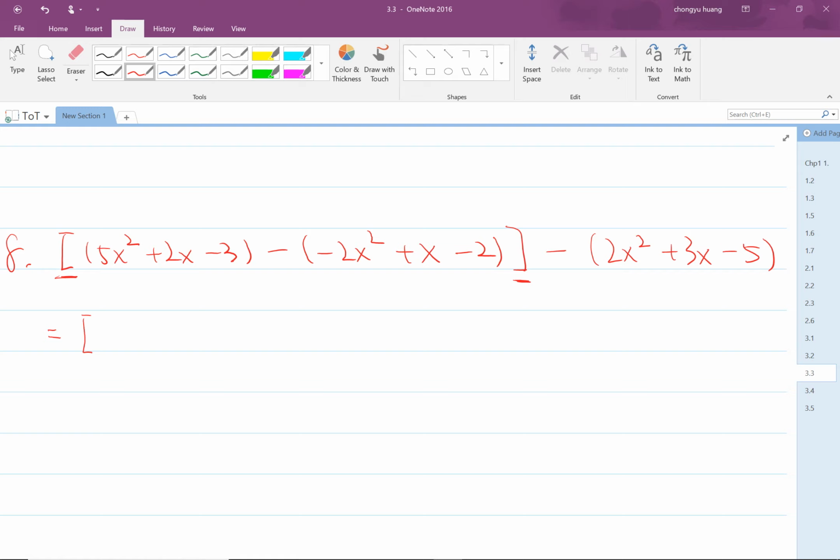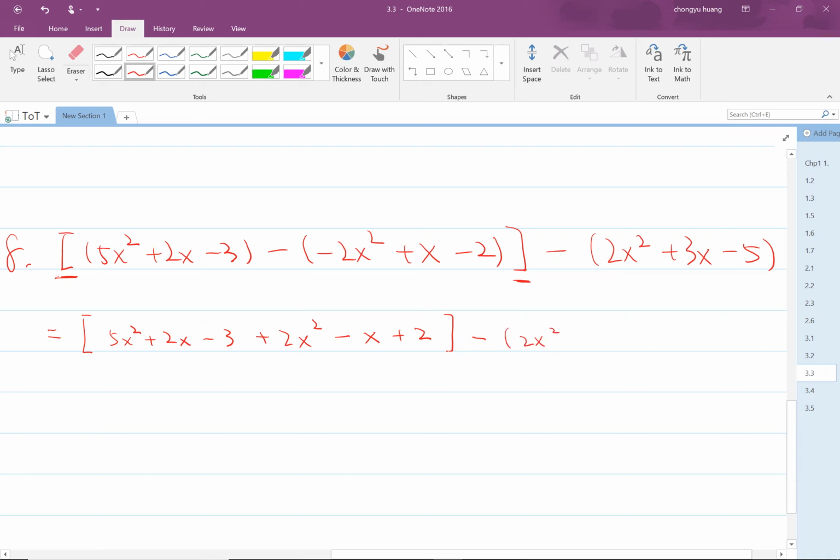So what you can see over here is that we have 5x squared plus 2x minus 3, and then we have plus 2x squared minus x plus 2, and then we got something outside.